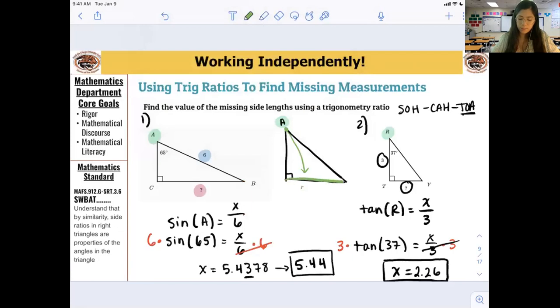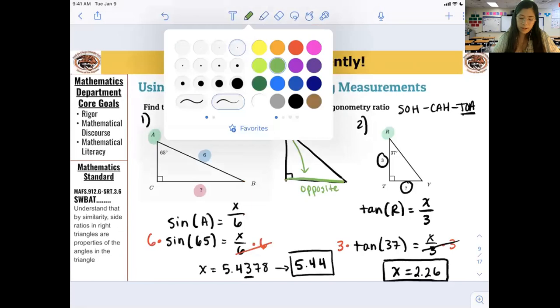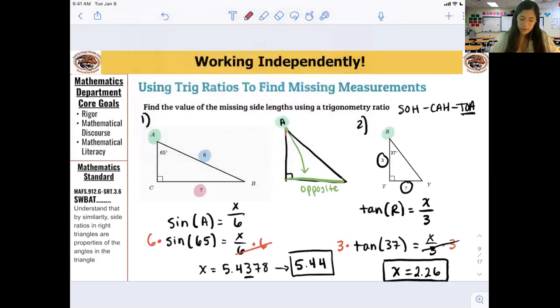So this is my opposite side. And the one that's directly next to that angle, so right next to it, is adjacent. So opposite, you go across, right next to is adjacent.